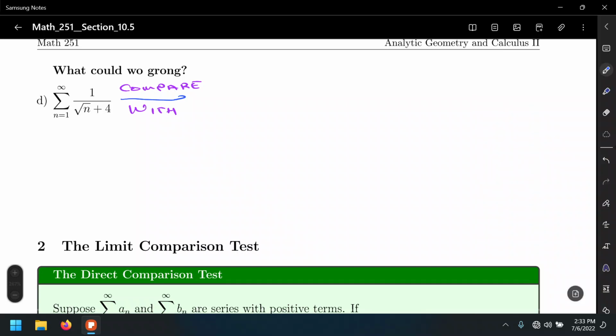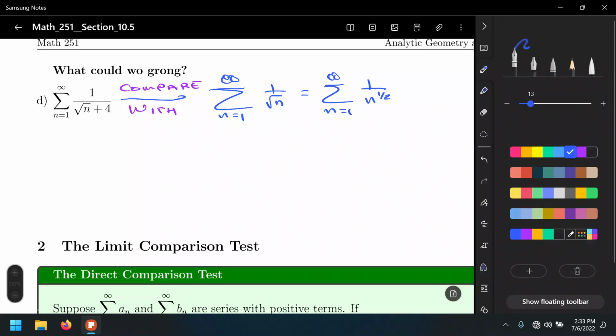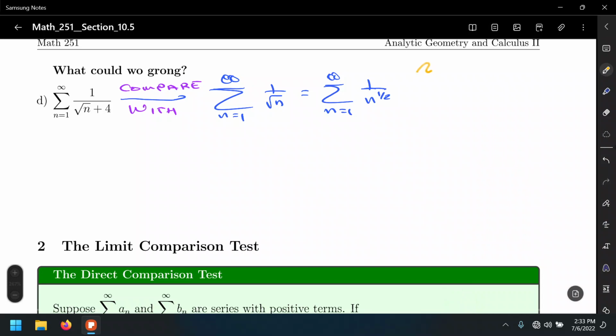It's a p-series, isn't it? It's sigma n equals 1 to infinity of 1 over the square root of n, which is sigma n equals 1 to infinity of 1 over n to the 1/2. In this case, it's a divergent p-series to compare it with.